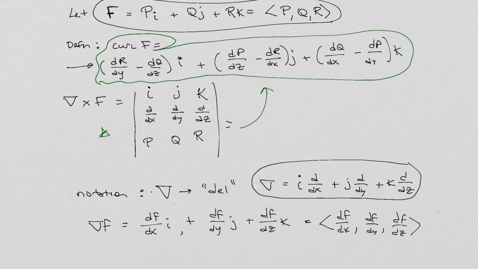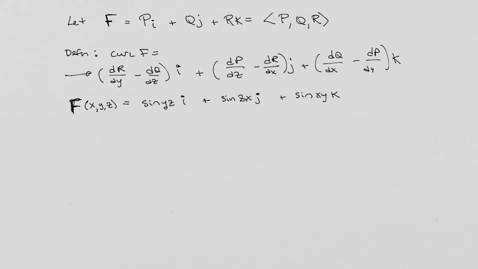Okay, let's work through a couple of examples just to see how we can do some of these. Let me clean this up and keep some of this with us. Consider this vector field f, where it's sine of yz in the ith component, sine of zx in the jth component, and sine of xy in the kth component. Let's just practice actually computing the curl. What is the curl of f going to look like?